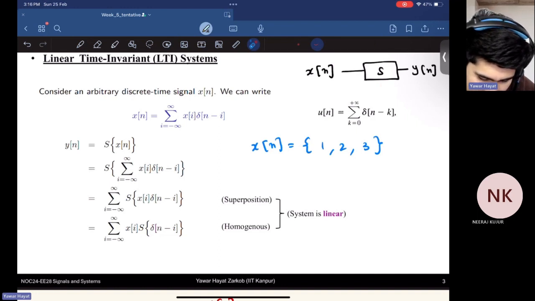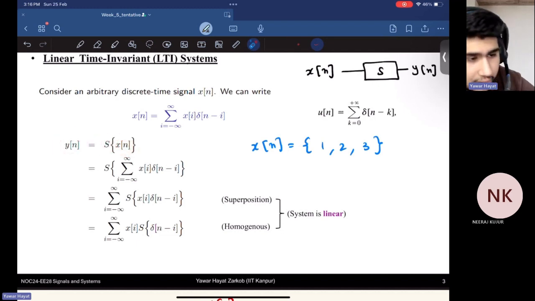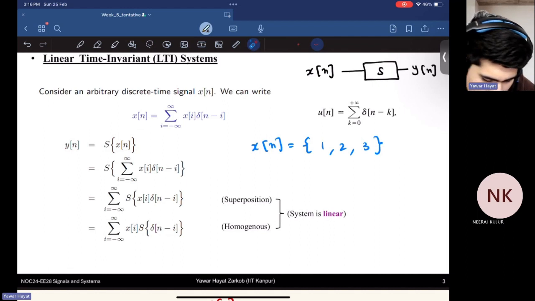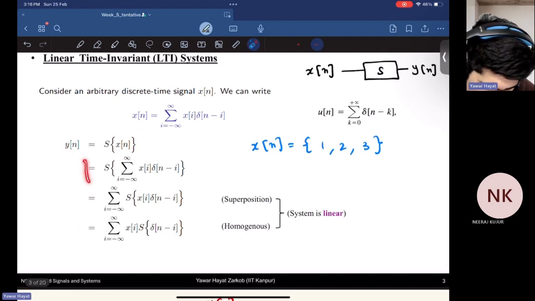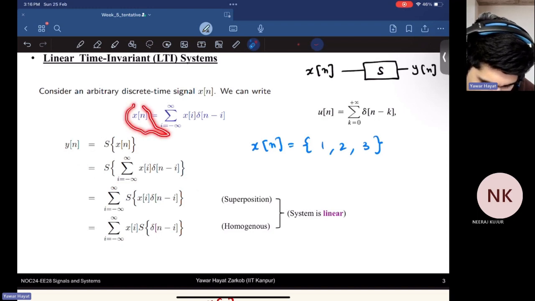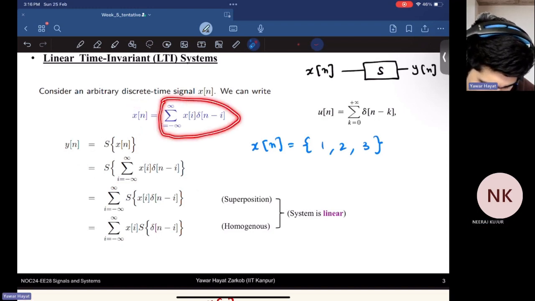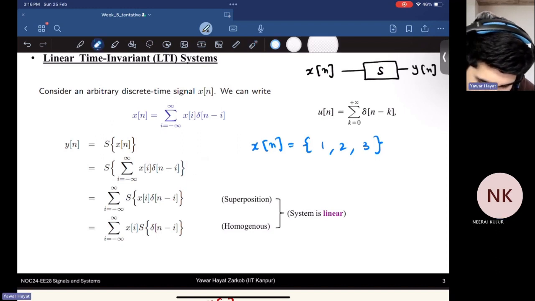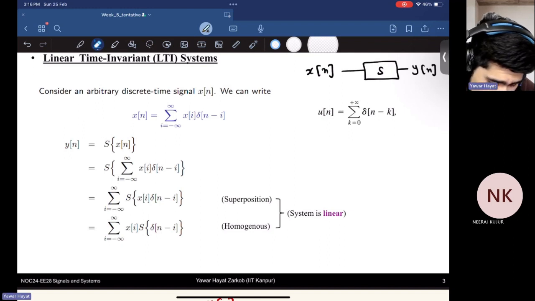When S acts on x of n, we get y of n. Is this clear? Now, what I did in the second step is I just replaced this x of n by this summation. So this step should also be clear, right? Fine.